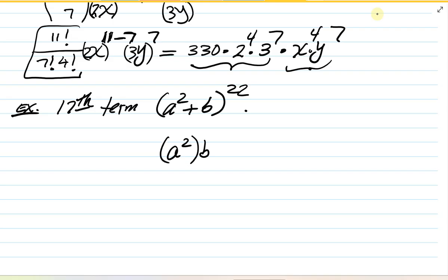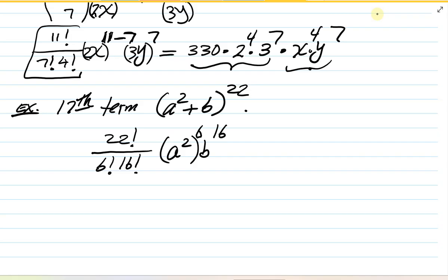The exponent on the second term b is going to be 1 less than the term, so it's going to be 16. The sum of the exponents is 22, so the exponent on a squared is going to be 6. Then you've got your fraction, the numerator 22 factorial, the denominator copy and paste, and there you go.